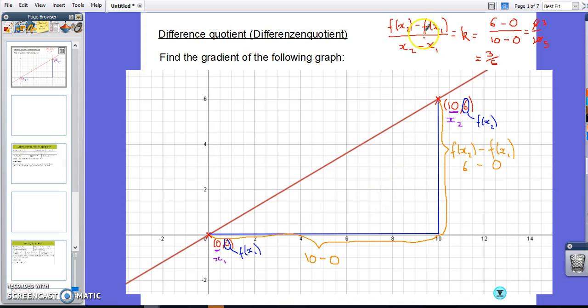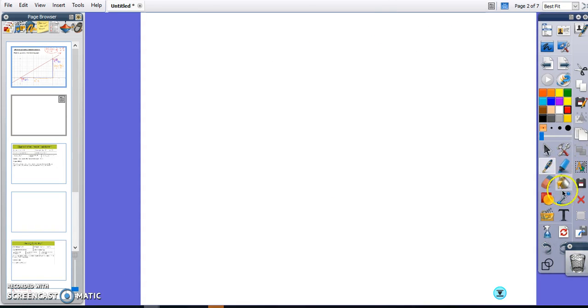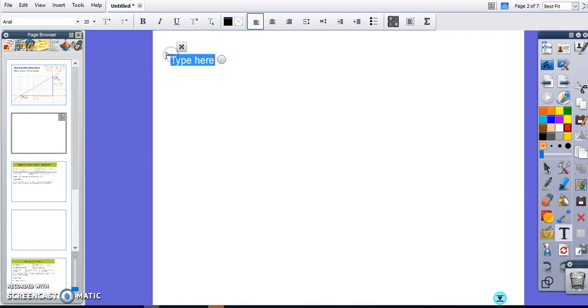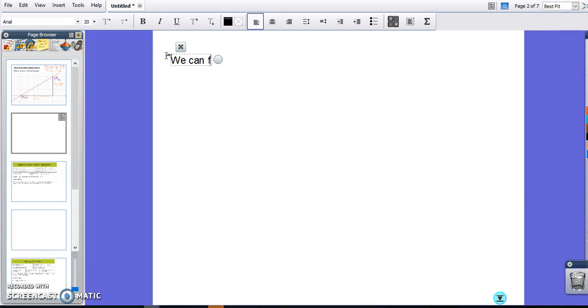So we can use this difference quotient to find the gradient of any graph. So let's write this down. We can find the gradient of any linear function using the difference quotient.